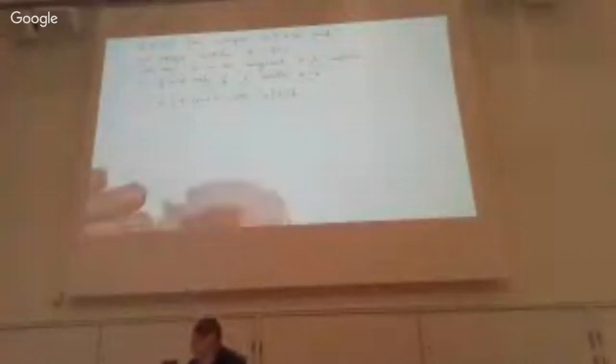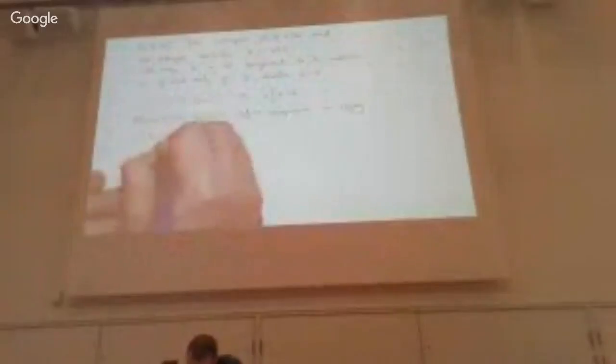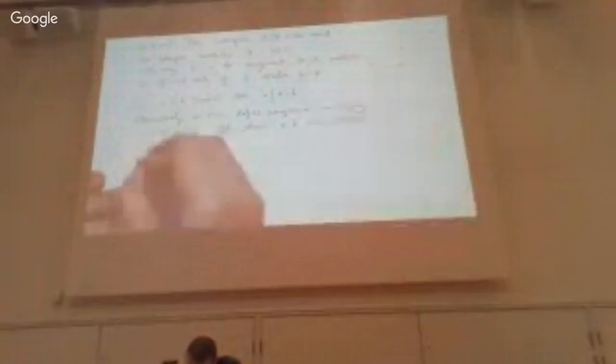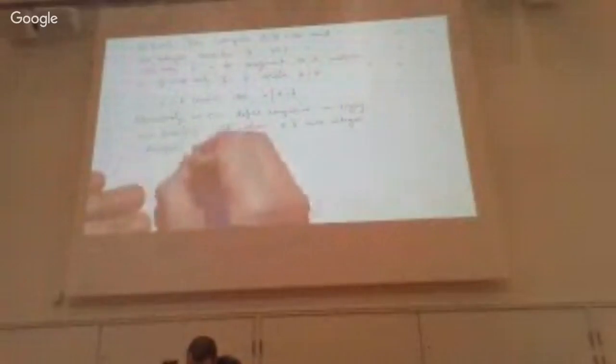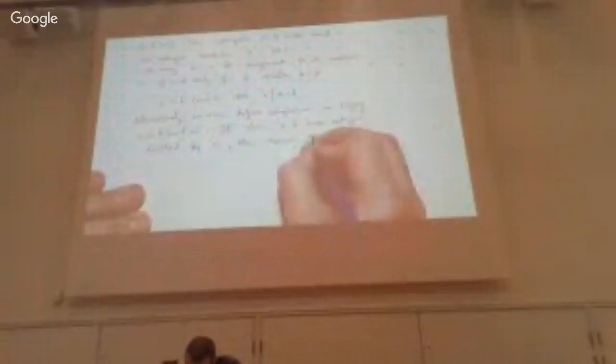So, alternatively, we can define congruence as saying that a is congruent to b mod n if and only if when a, b are integer divided by n, they leave the same remainder.